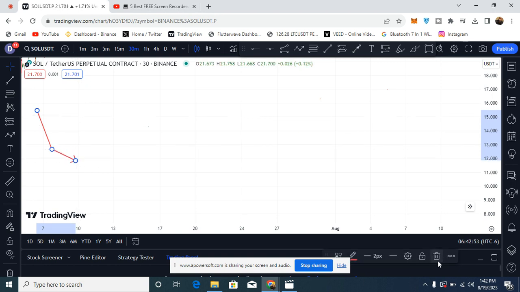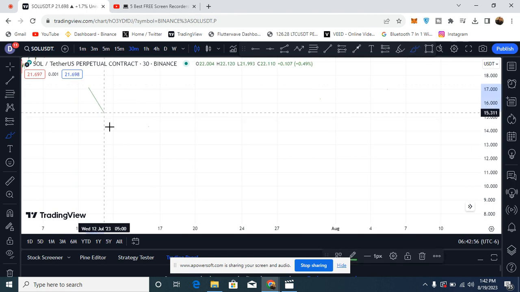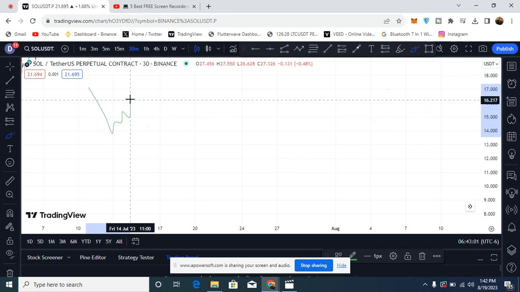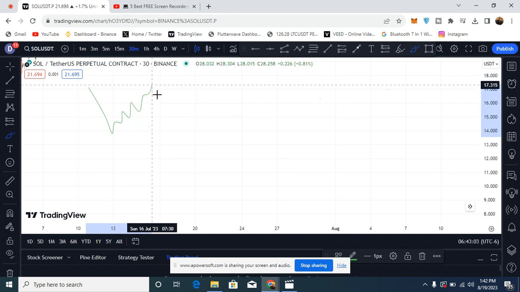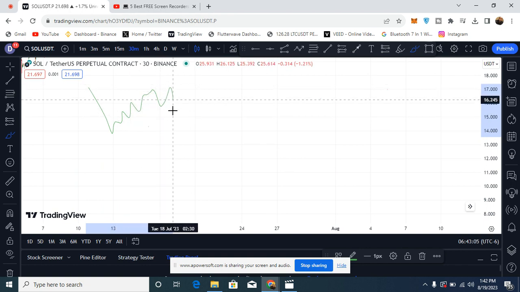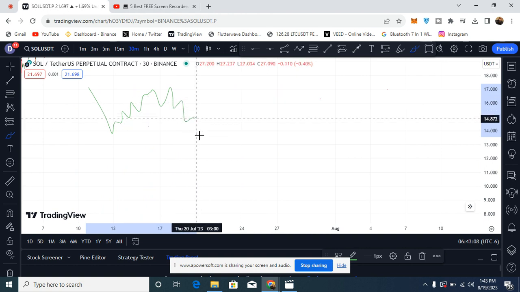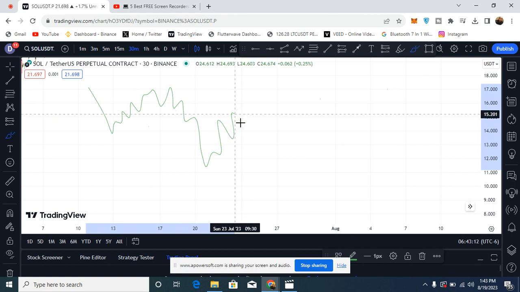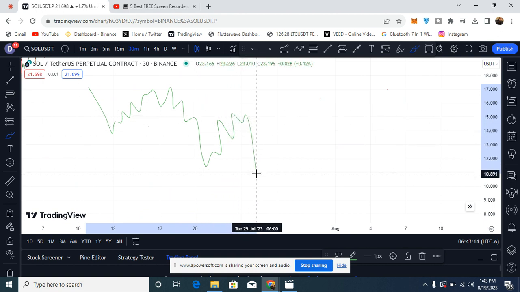So when the market is downtrending, we see something like this: it trends again, gets to a section, closes below, giving you another lower high and lower low, creating a series of lower lows and lower highs for us.